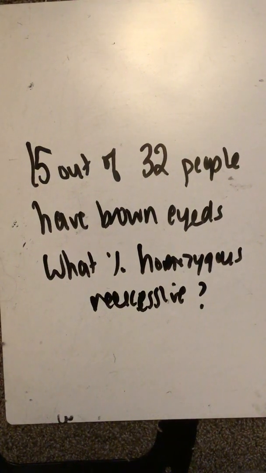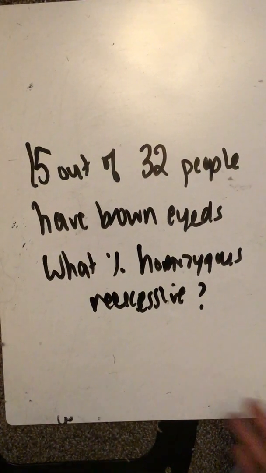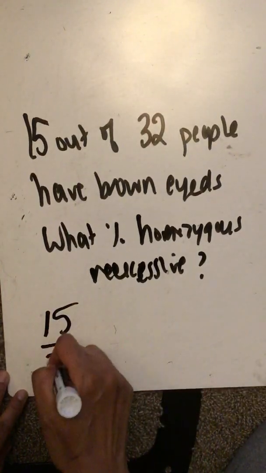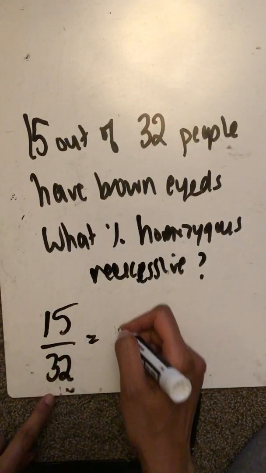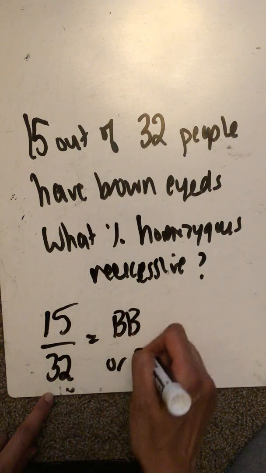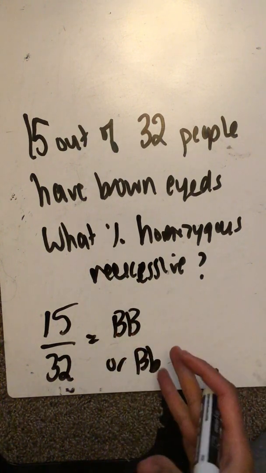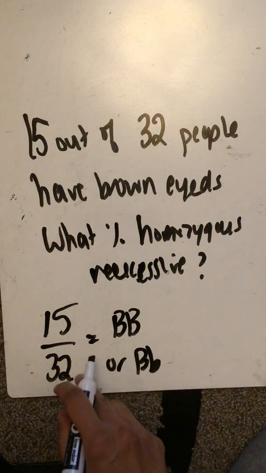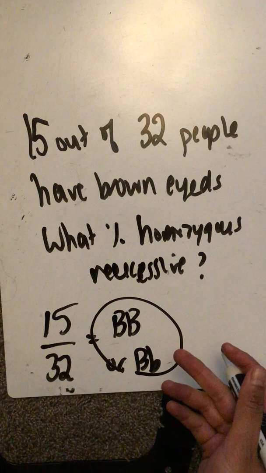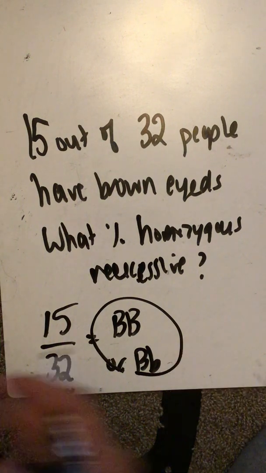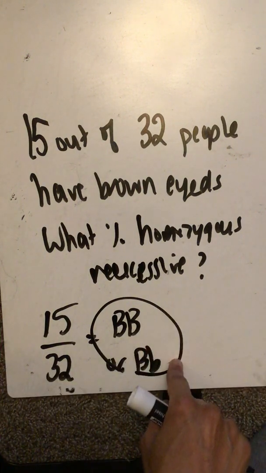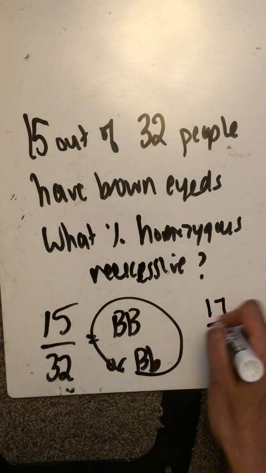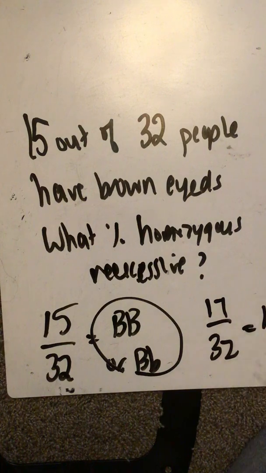We're not dealing with I get it from my mom or dad or whatever. Well, when you know that 15 out of 32 have brown eyes, you don't know if they're big B big B or big B, little b for brown eyes. They don't give you that. 15 out of 32 could be either that or that. I have brown eyes, I don't know if I'm homozygous brown or heterozygous brown. But what I do know is that 17 out of 32 are little b, little b.